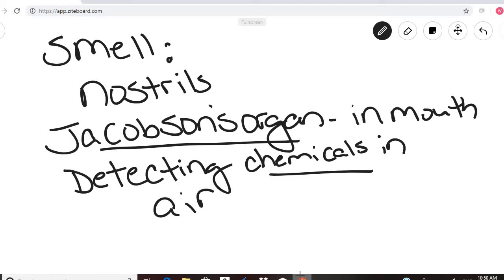And the nostrils also are used to sample the air. So they do have a pretty keen sense of smell because of the Jacobson's organs. Okay, so that's all we'll say about snakes.